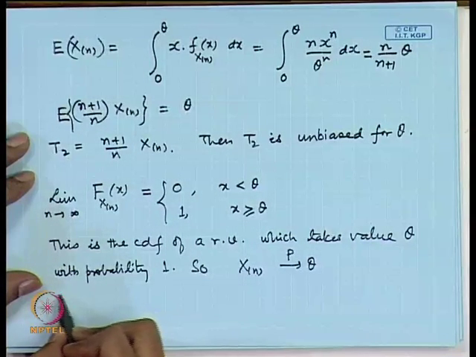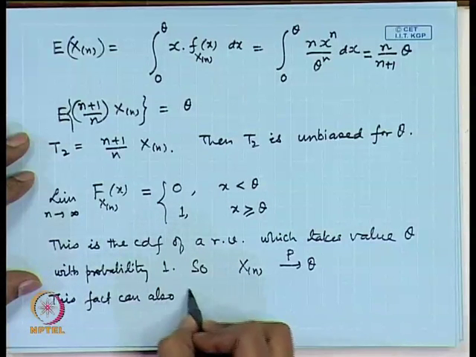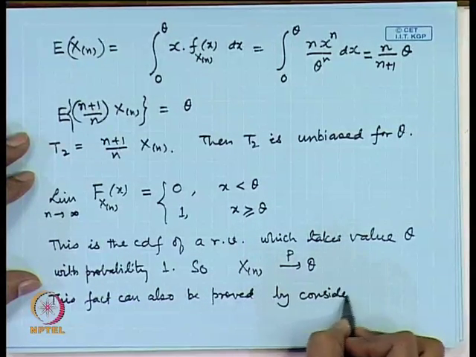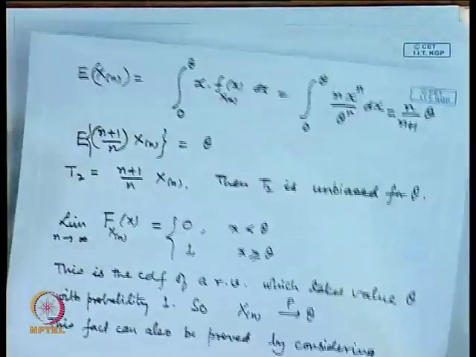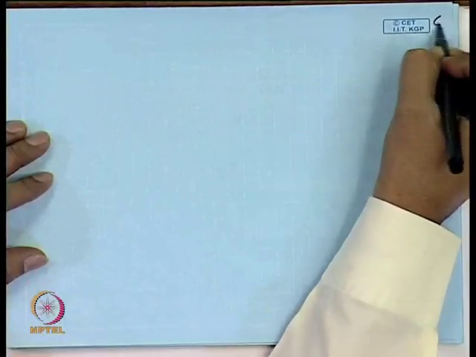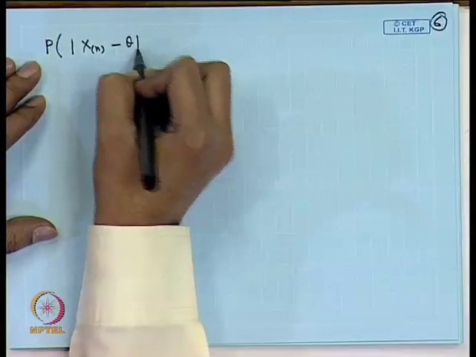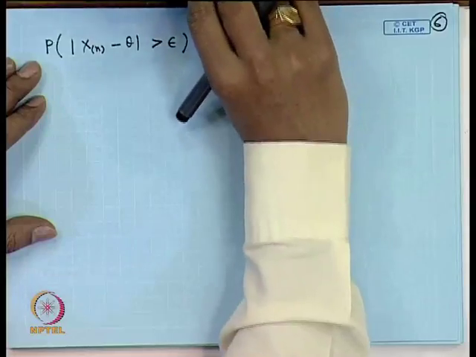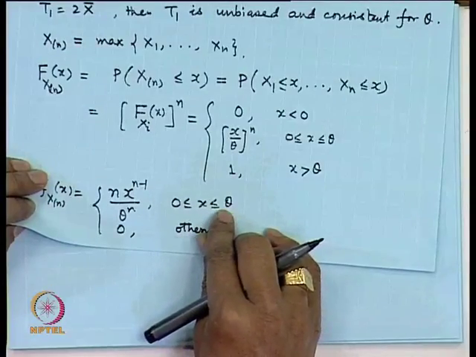In fact, this fact can also be proved in a different way. I will consider directly the definition of convergence in probability. Let me take the probability of modulus x n minus theta greater than epsilon. Now, the distribution of x n is in the interval 0 to theta, that means x n is always below theta.